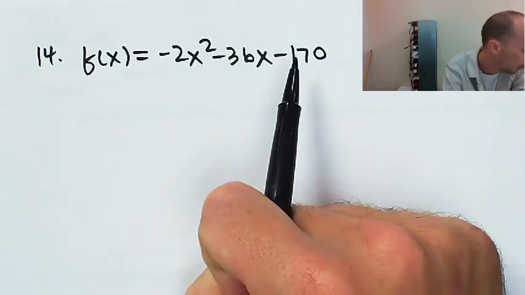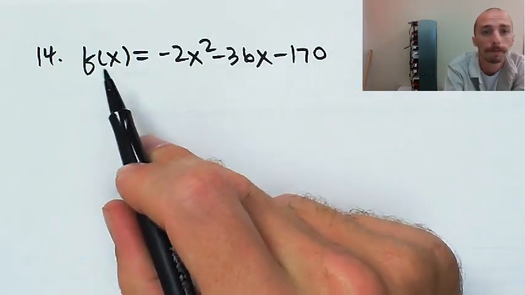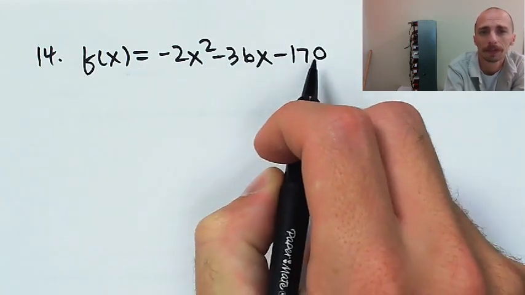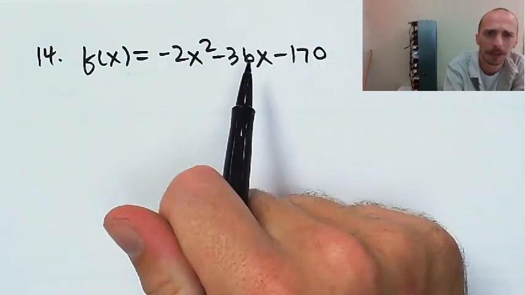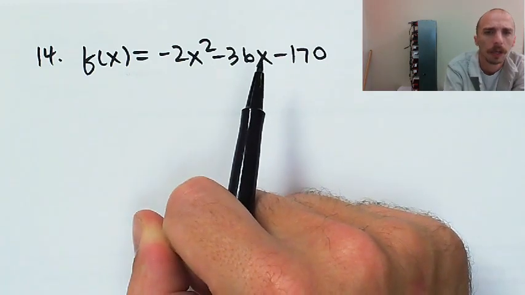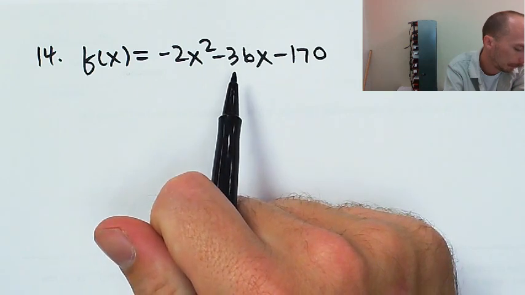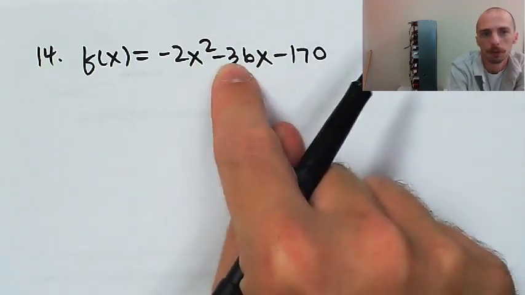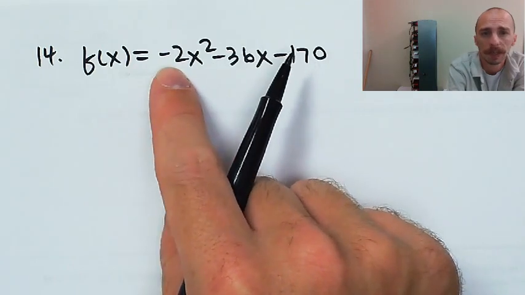If we're just solving an equation, the solutions to the equation are not changed if we do the same thing to both sides of the equation. But a function could be changed. If you were to divide this by -2, you'd make this -x squared minus 18x minus 85, and I feel like that's factorable, but either way, you'd have another parabola with the same zeros, but it would no longer open downwards and be super narrow.